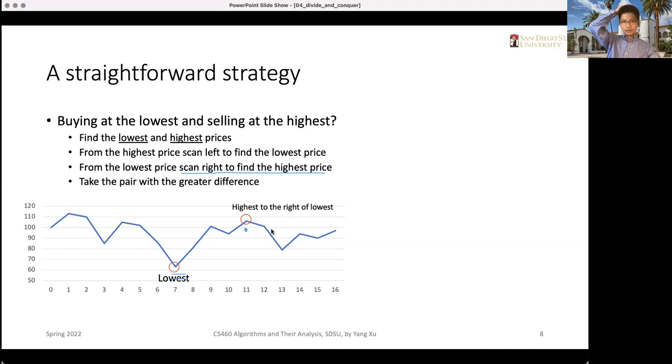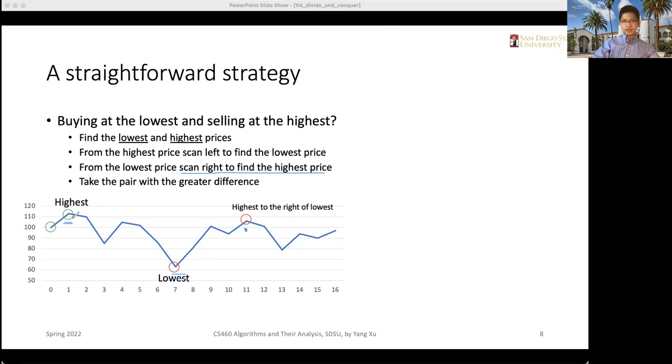This one probably gives us a pretty nice profit, right? Or we can find the highest price of all time. This point is the highest point among these 17 days.